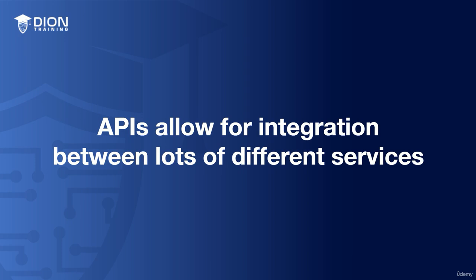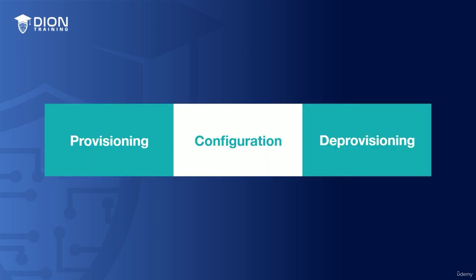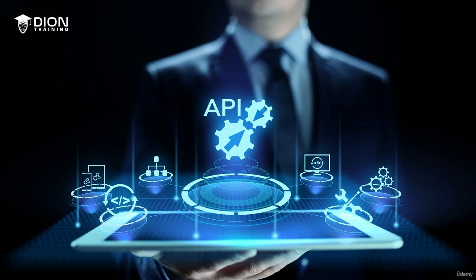Now, when we talk about APIs, we think about these from a perspective of integration. APIs allow for integration between lots of different services, especially cloud-based services. Most cloud-based service providers also allow us to do provisioning, configuration, deprovisioning, and lots of other things to the services by using these APIs. APIs will also allow us to have direct integration of different third-party applications into our own web applications.